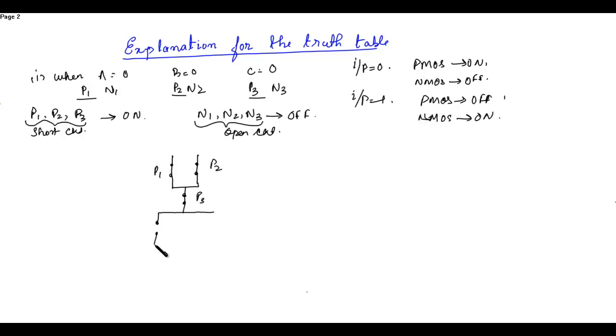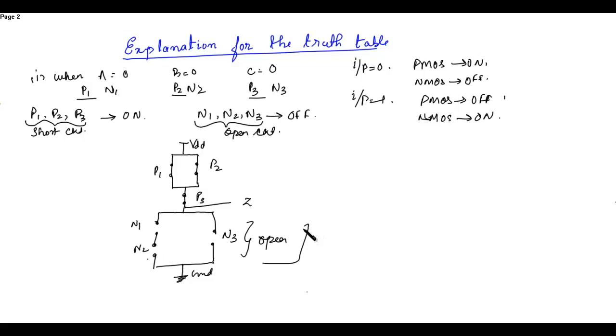Now N1, N2, N1, N2 and N3, they are open circuited. This is ground and this is VDD. The output is obtained over here, output Z. Now when N1, N2 and N3 are all open circuited, then certainly this path will not work.